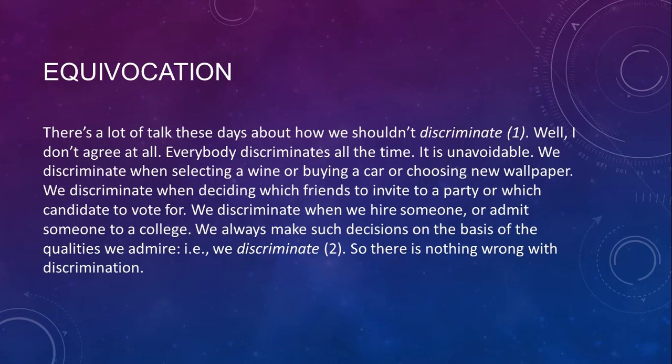And the fact that people distinguish between good wine and bad wine does not entail that it's okay to discriminate against people on arbitrary bases, right? So we're using the word discriminate there in two importantly different ways, but we don't articulate it, yeah? And this is typical, this is not a particularly poorly formed set of words. People normally use words in ways that could be ambiguous. It's a totally normal feature of language.